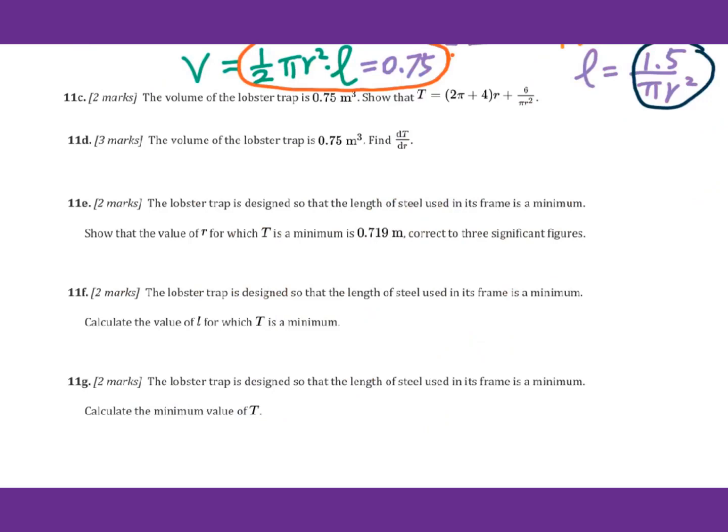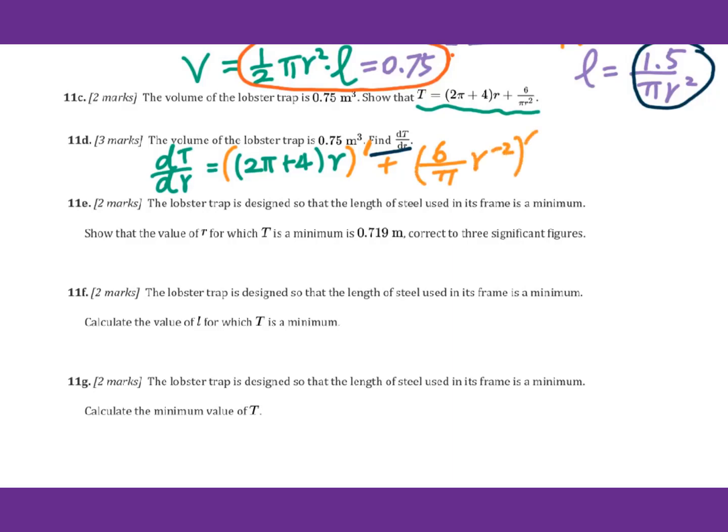Let's go to 11d. The volume of a lobster trap is 0.75 meter cubed. Find dT by dr. We know T equals this. So we have dT by dr equals 2 pi plus 4, r. We have to do the derivative. Then plus 6 over pi r to the negative second power, we have to do the derivative.